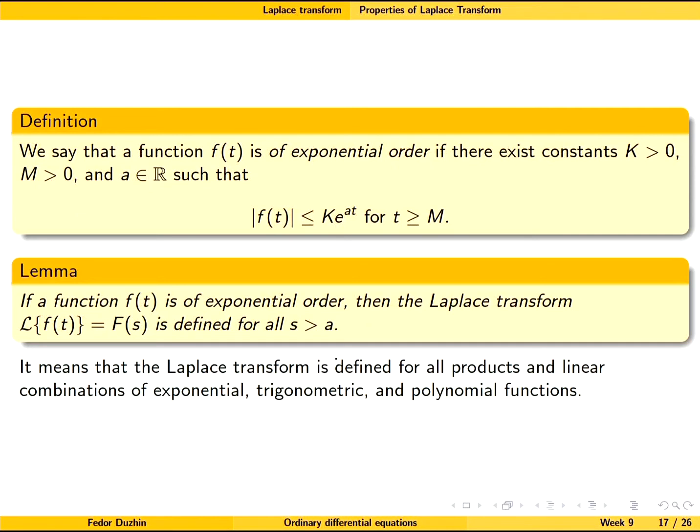Of course, all exponential functions and all trigonometric functions are also of exponential order. So any linear combination of exponential, trigonometric, polynomial, and even fractions will be of exponential order, which means that the Laplace transform is going to be well defined for them.